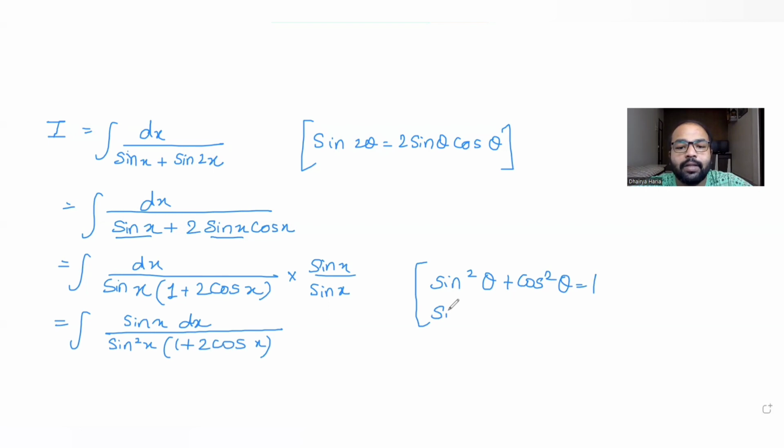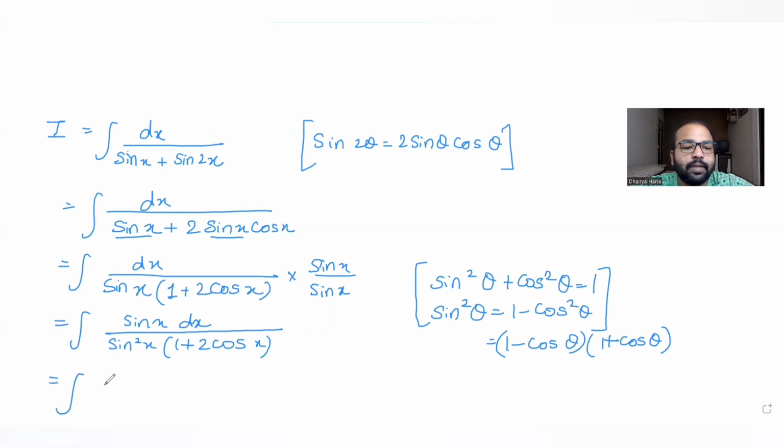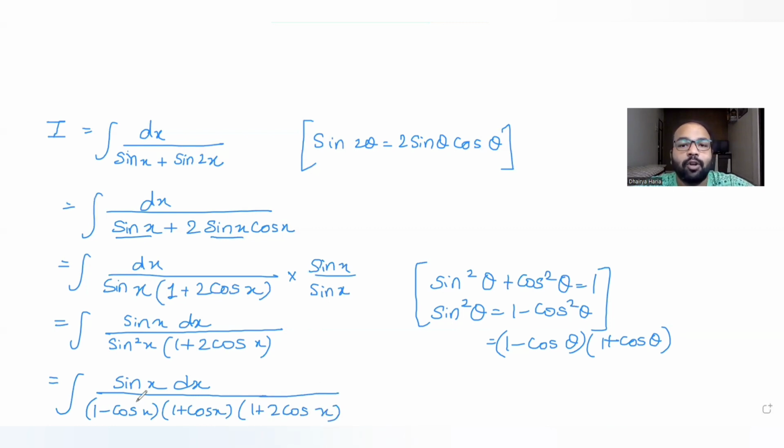So I can write sin square θ as 1 minus cos square θ, or simplify this as 1 minus cos θ times 1 plus cos θ. So I can write sin x dx upon 1 minus cos x, 1 plus cos x, and 1 plus 2 cos x. Now everything in the denominator is in terms of cos x, so we can substitute.